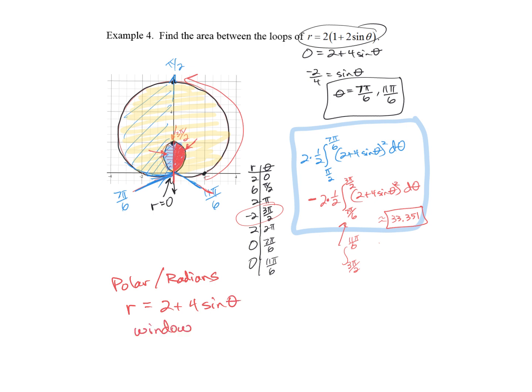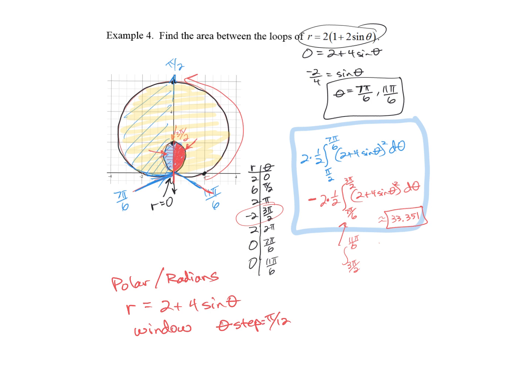In your window, change the theta step, that's how often it's going to mark your angles, to pi/12. I think it defaults to pi/24. But I like pi/12 because it still gives you a nice smooth picture. The smaller the steps, the more precise a graph you're going to get.